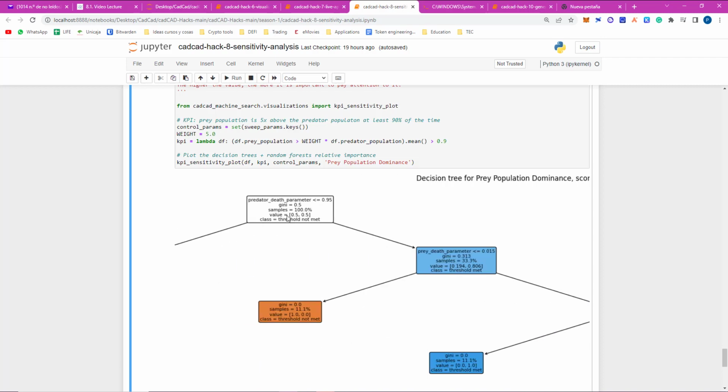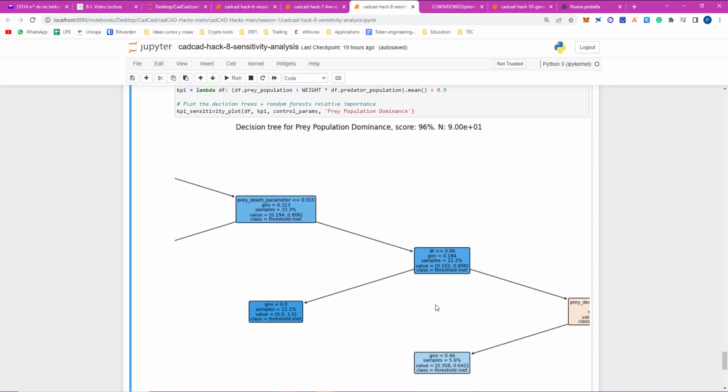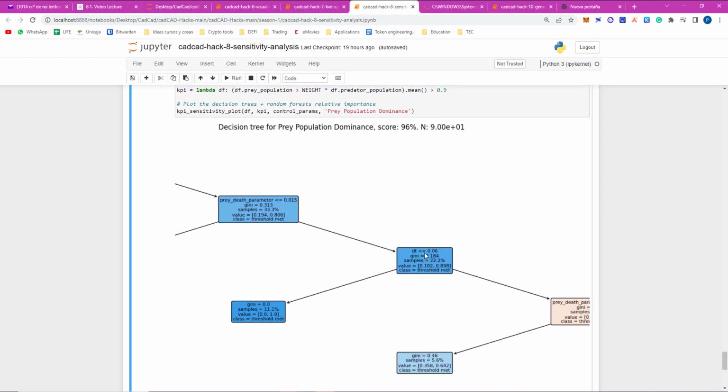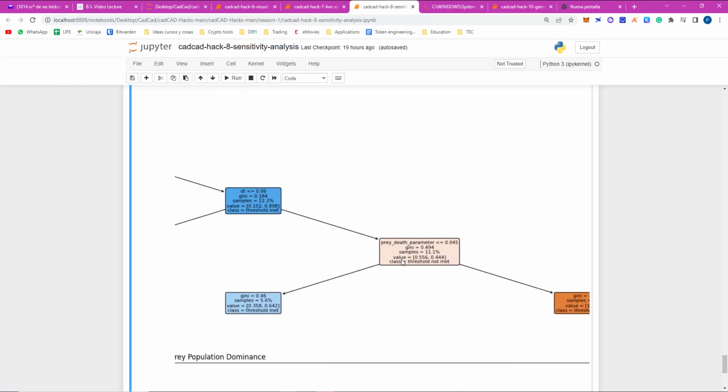So when you have this statement false and this statement false, you have a third statement, which is the DT below 0.06. When that happens, it seems that you have 11% that is fully right. On the right, you get the white one, which is a little bit indecisive between the threshold is met or is not met.